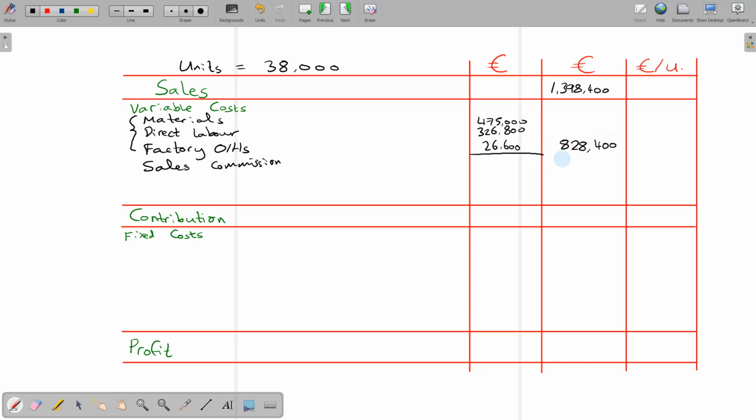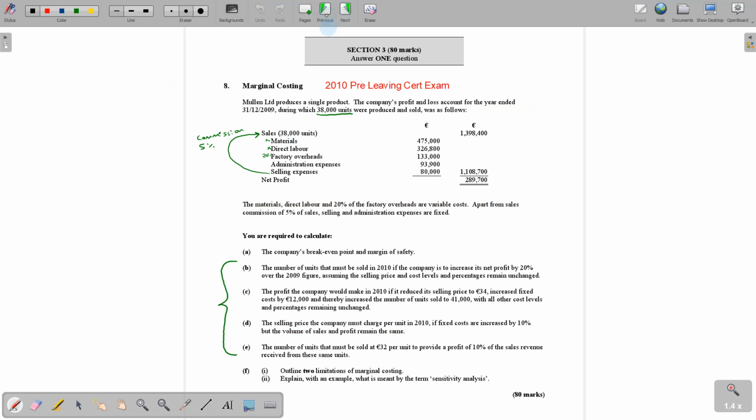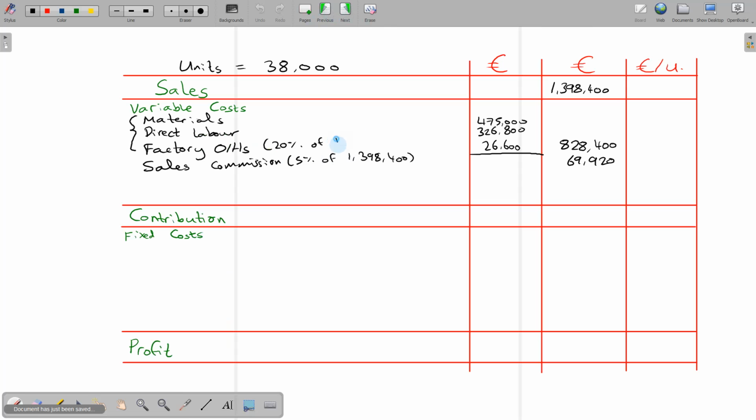And then sales commission is 69,920. How did I get that? I did 5% of 1,398,400. The factory overheads is 20% of whatever the total is, 133,000. And then they're just the total figures.